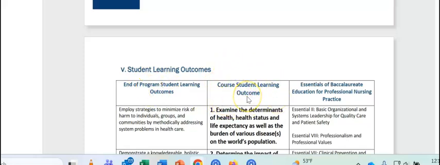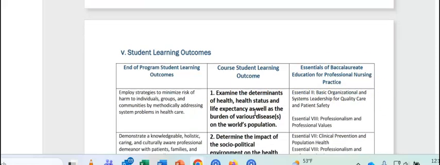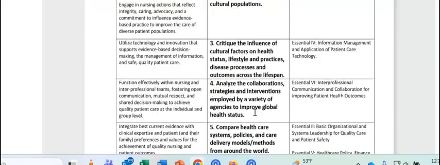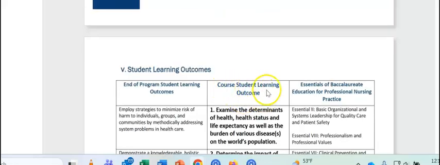This is specific to what is expected for you to learn by the end of this course. And then these are essentials for baccalaureate education. So you can see there's 1, 2, 3, 4, 5 course student learning outcomes. So you're going to respond which one of these course student learning outcomes did your classmate demonstrate meeting, and why? What did they write? What did they say that showed that they met this course student learning outcome?